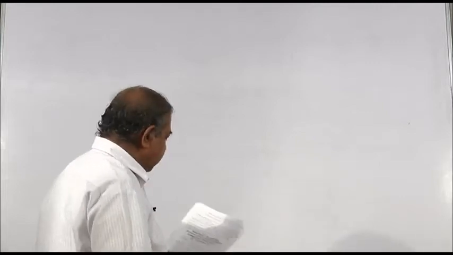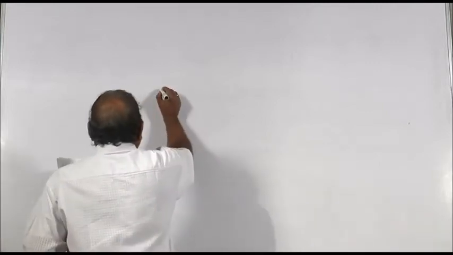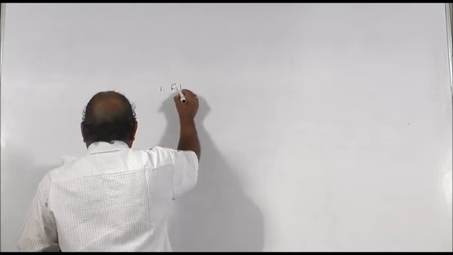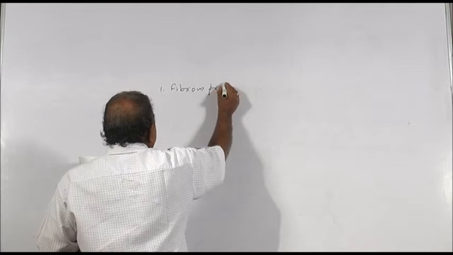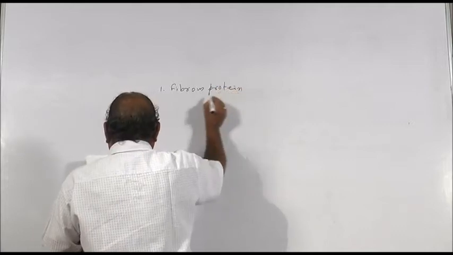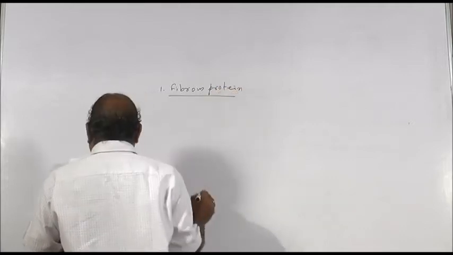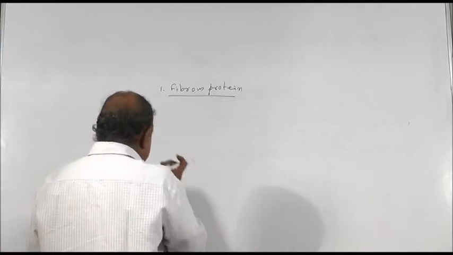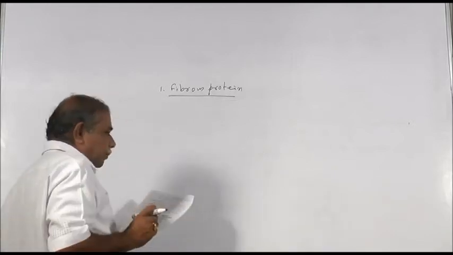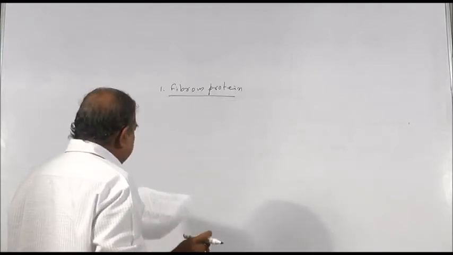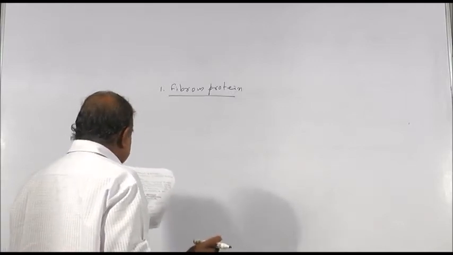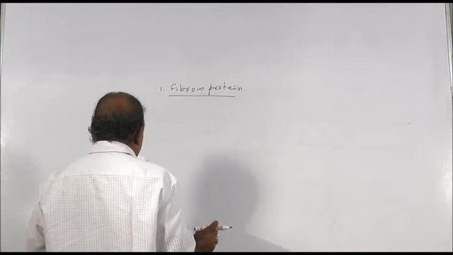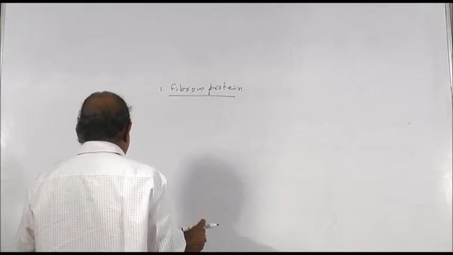Proteins are of two types. Number one is called fibrous protein. This type of protein consists of linear thread-like molecules which remain side by side to form a fibrous protein.